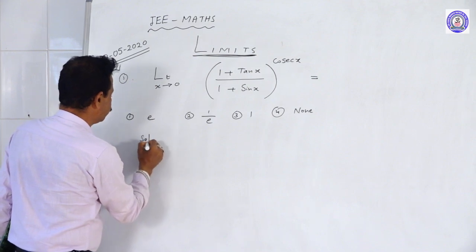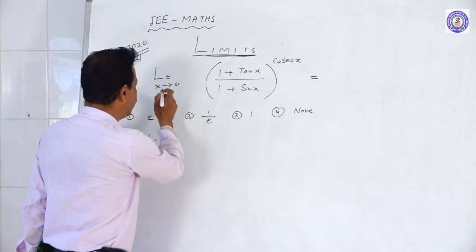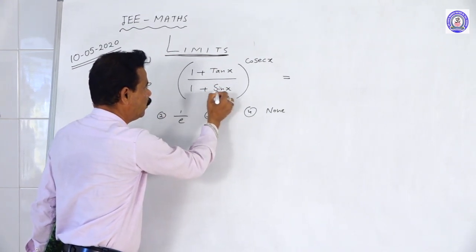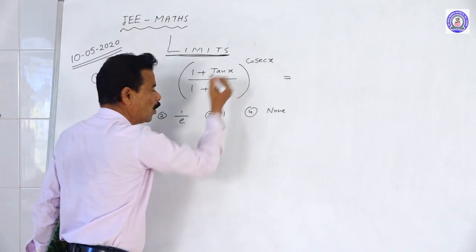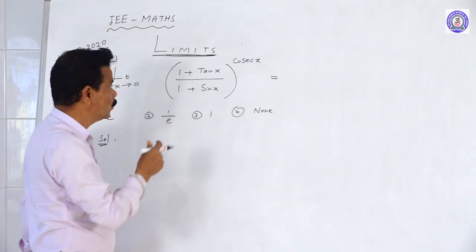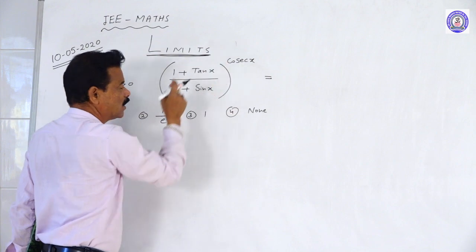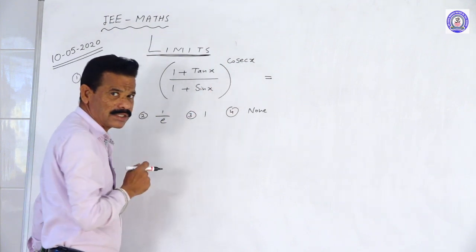Solution. Here, limit x tends to 0, (1 plus tan x by 1 plus sin x) whole power cosec x. So this is written as numerator power of cosec x, denominator power of cosec x.